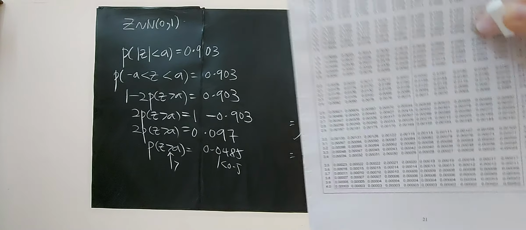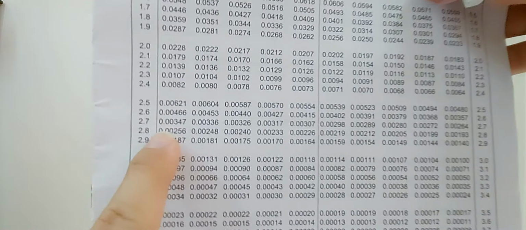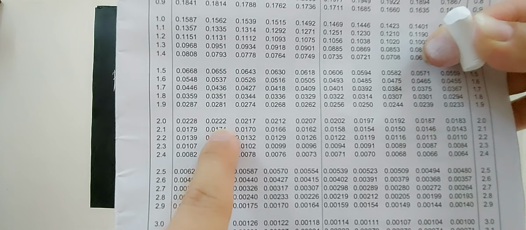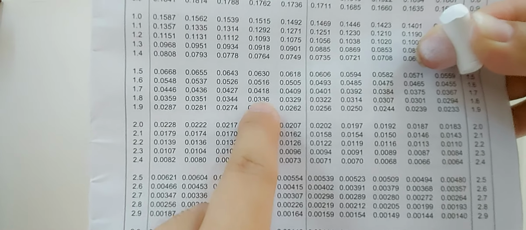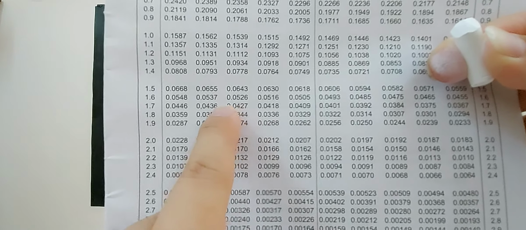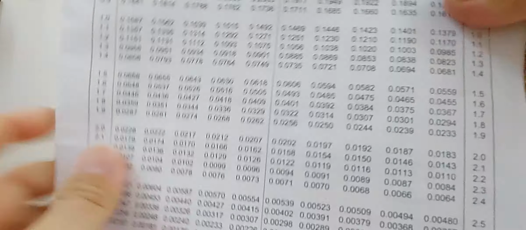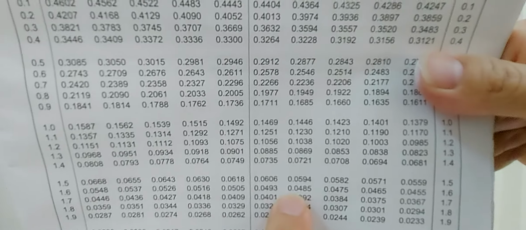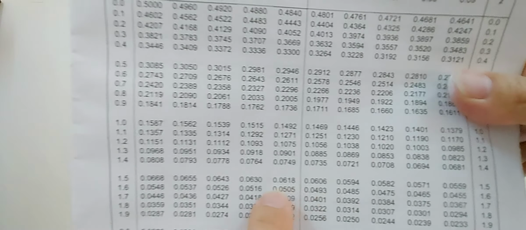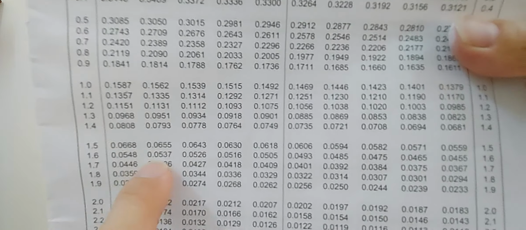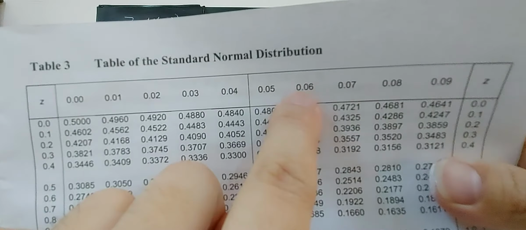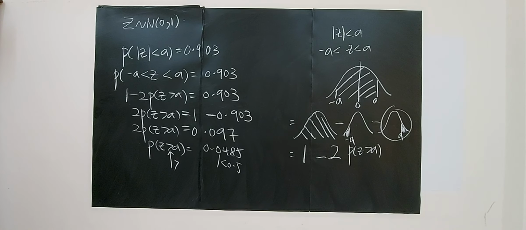Searching for 0.0485. This time I'm unlucky. 0.0485 corresponds to 1.6, 1.66. So the value of A here is 1.66.